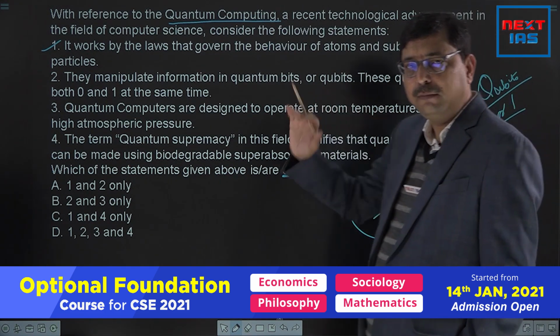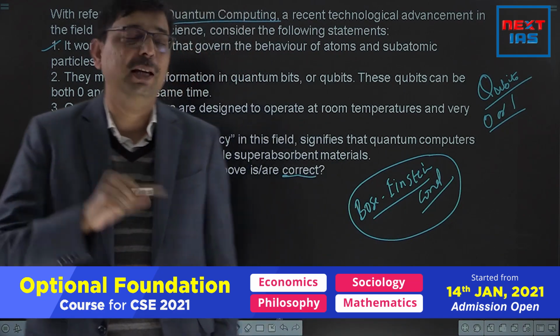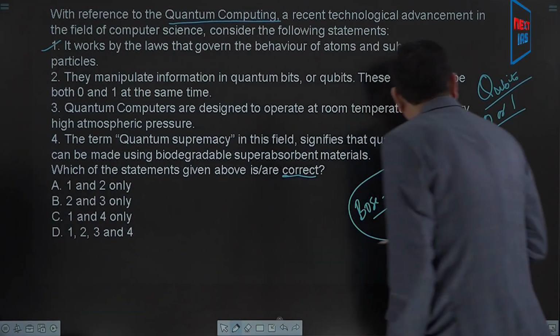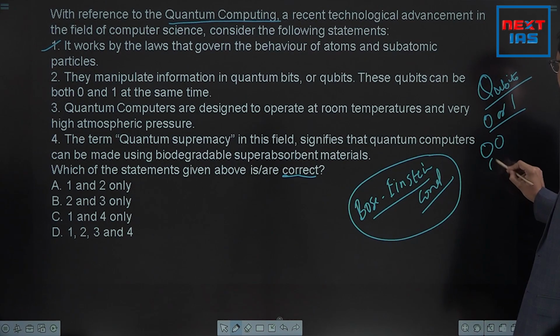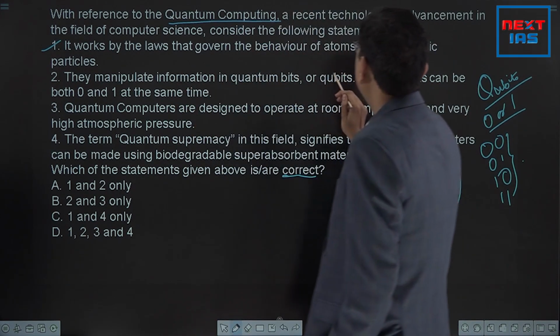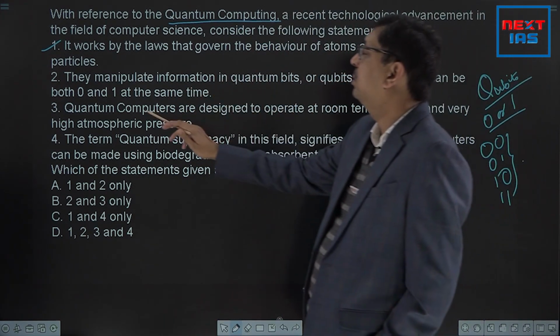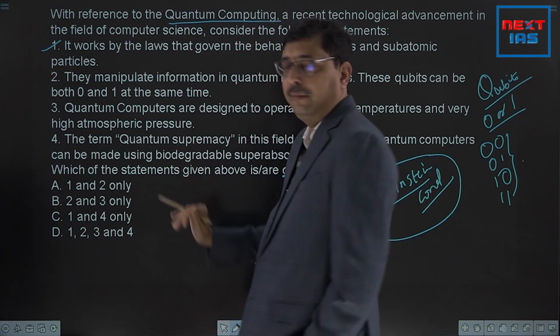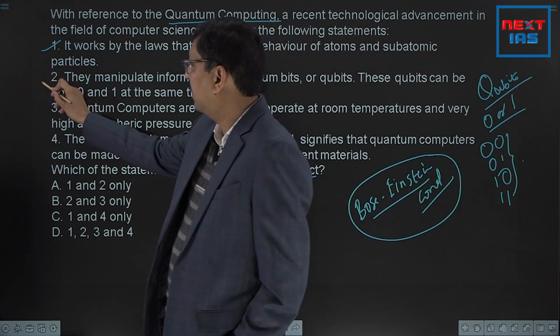All the possible combinations, meaning 0 0, 0 1, 1 0, 1 1. So they manipulate information in quantum bits or qubits, and these qubits can be both 0 and 1 at the same time. Yes, so that statement is also correct.